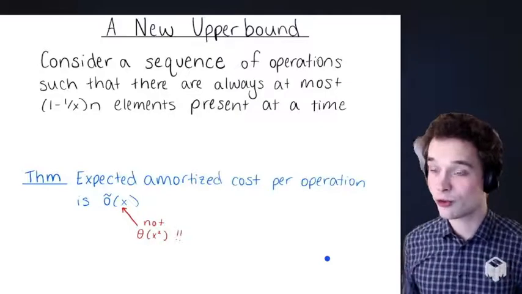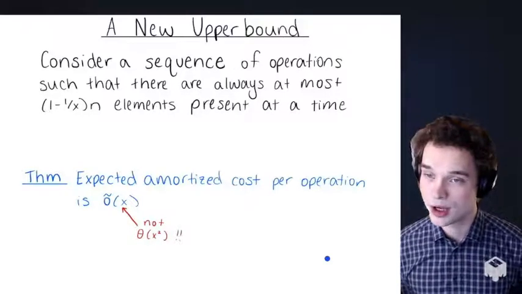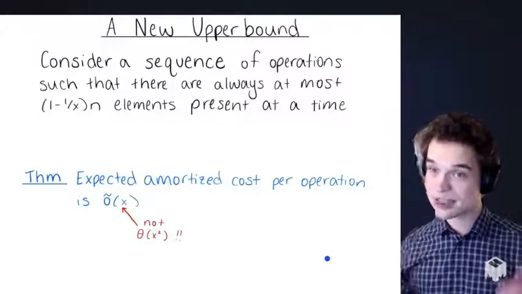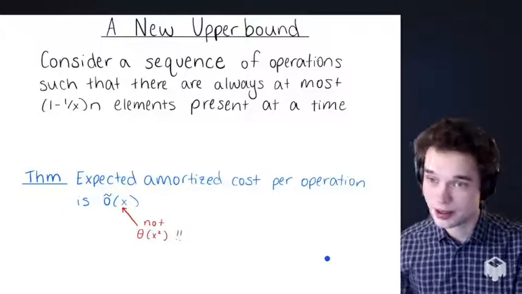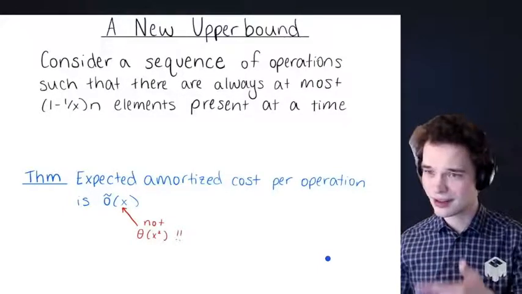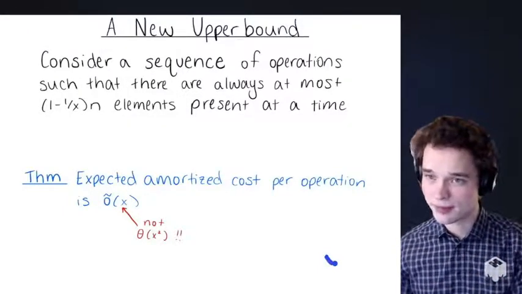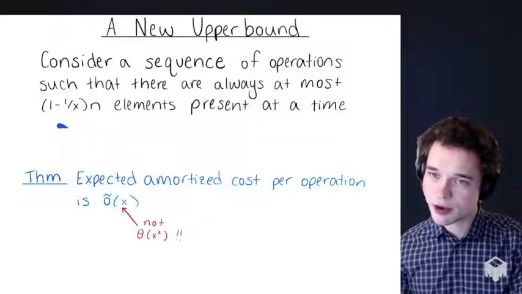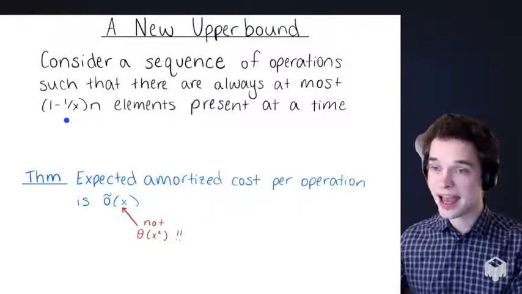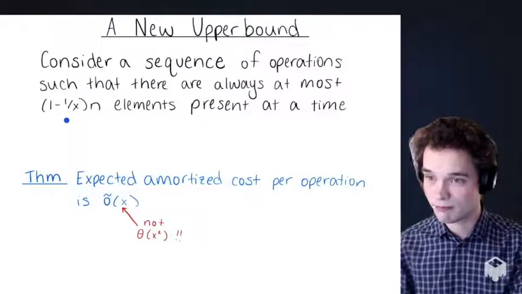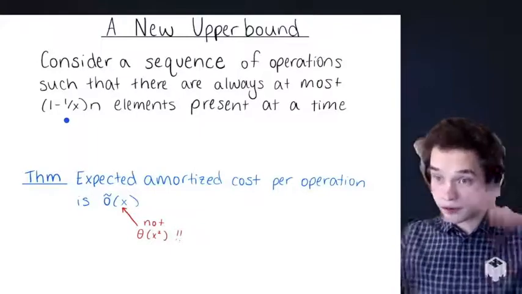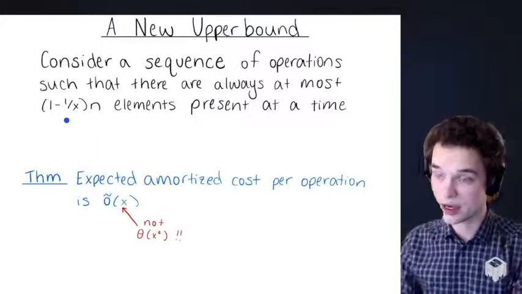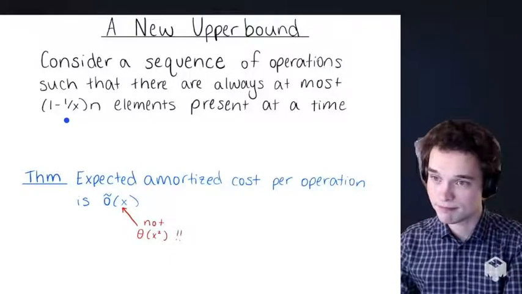And this brings me to the first result from our paper. What we prove is that we say, okay, consider any sequence of operations on a linear probing hash table: insertions, deletions, queries. And suppose that you never fill the hash table past a 1 minus 1 over x fraction full. But you are allowed, if you want to, for example, just hover at 1 minus 1 over x fraction full all the time.